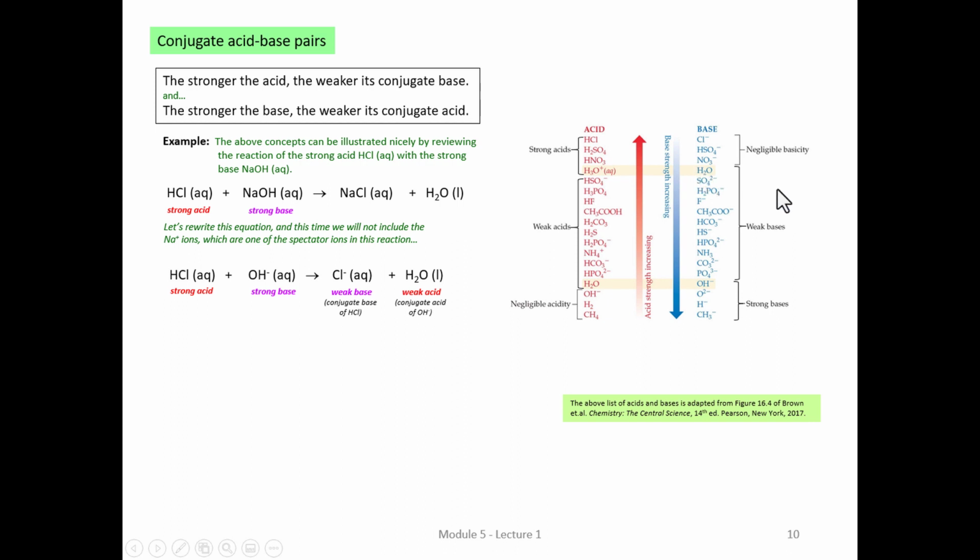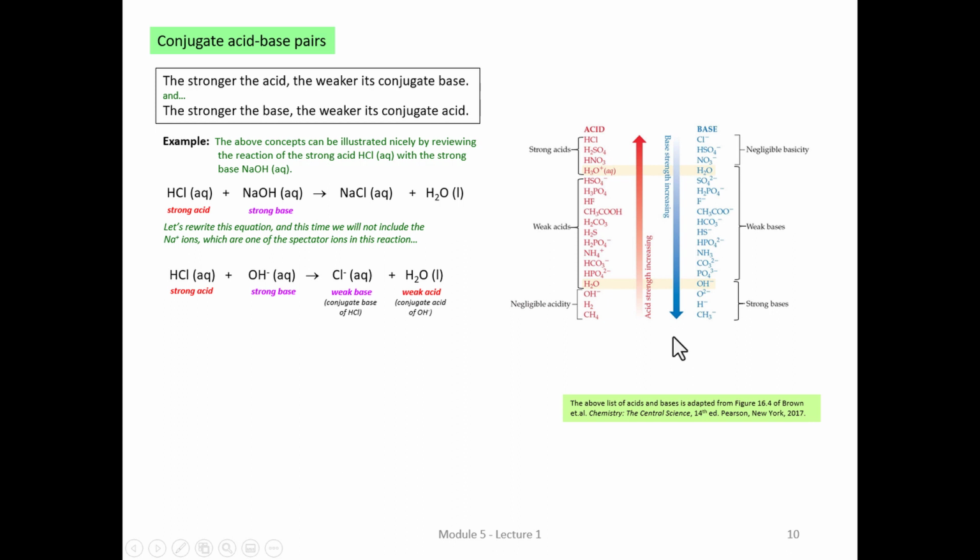The other thing you'll notice that is a little confusing at first is that some things are on both lists, and so you might ask, how could something be both an acid and a base? Well, remember, water can act as an acid or a base depending on the circumstances it finds itself in. There are other ions and molecules that have that same ability.